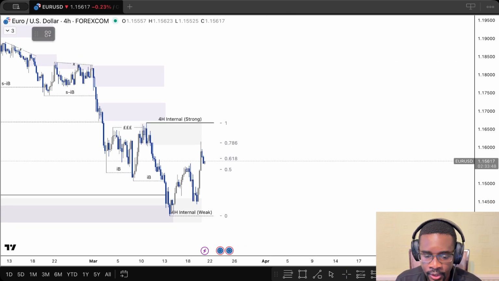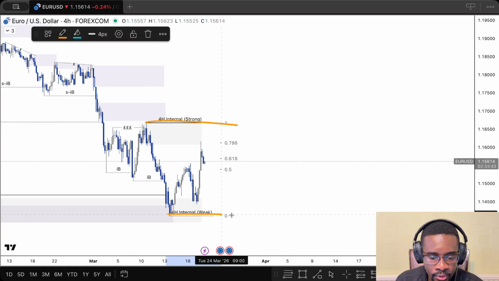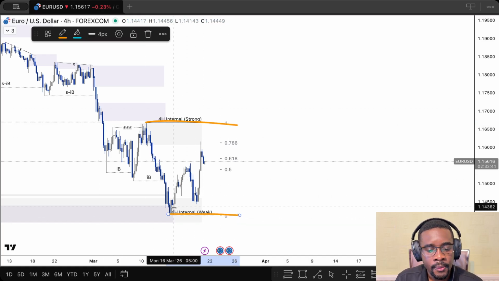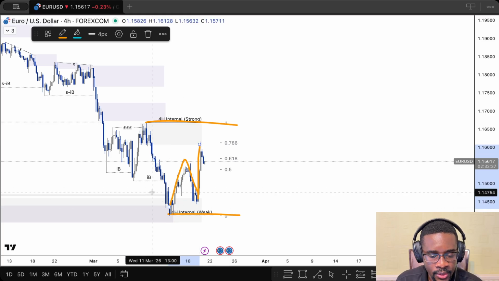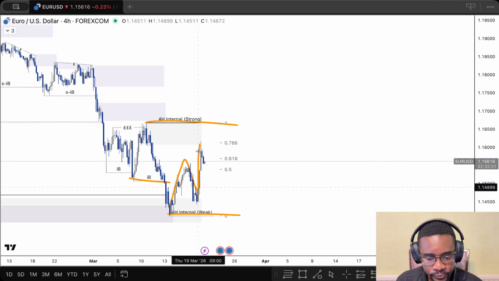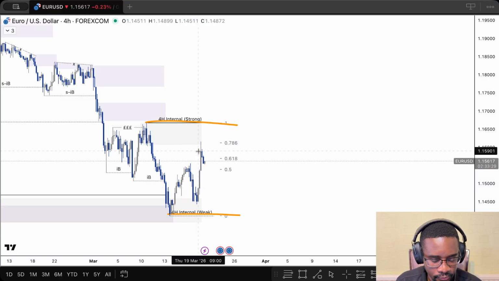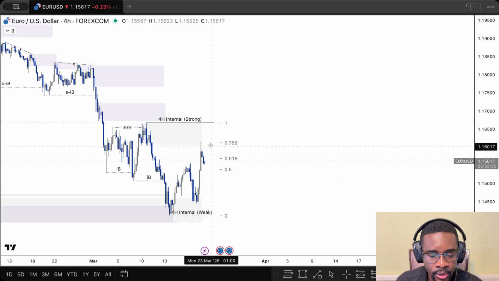This is the 4-hour range that we're in. And then price has been pulling back. The same thing, once we have a break of structure, we expect price to start pulling back up.